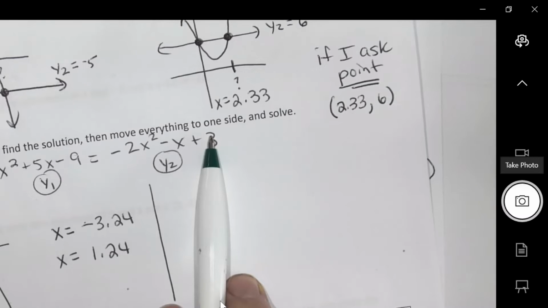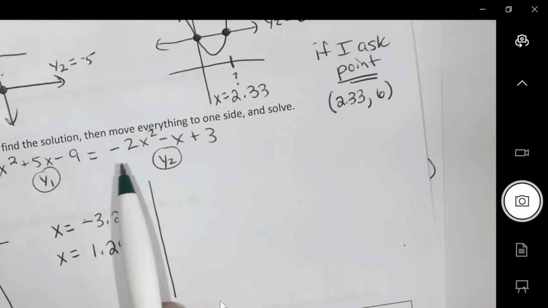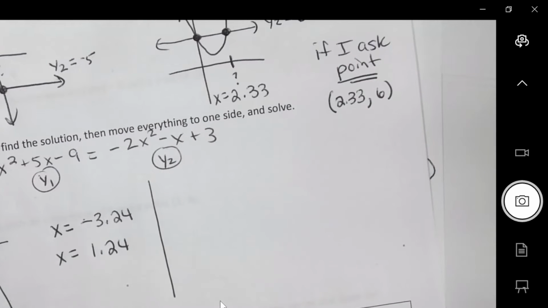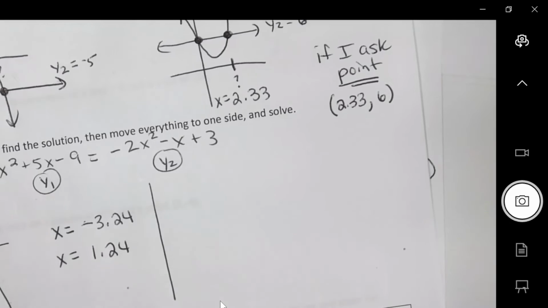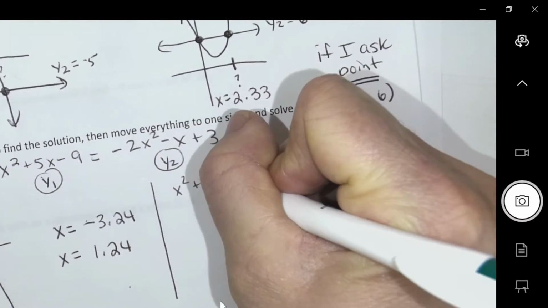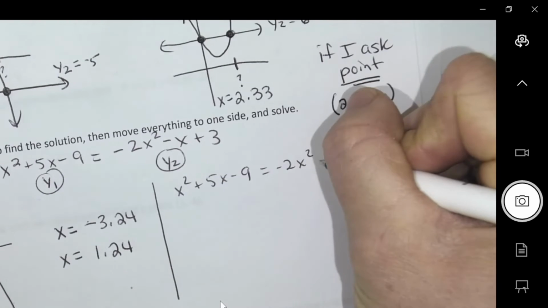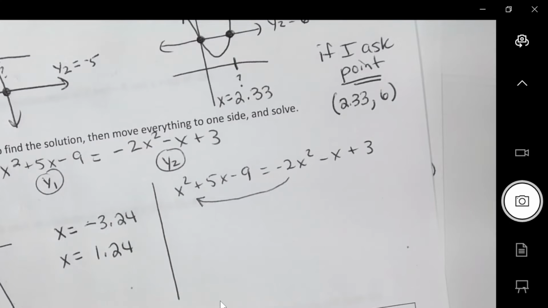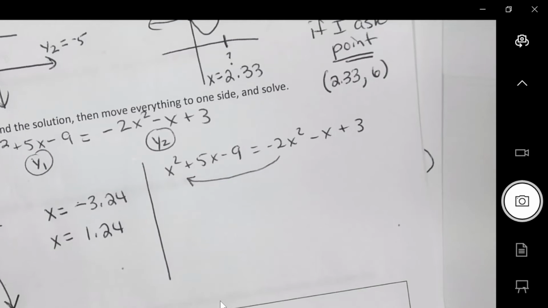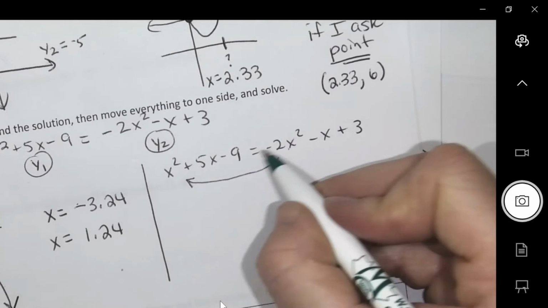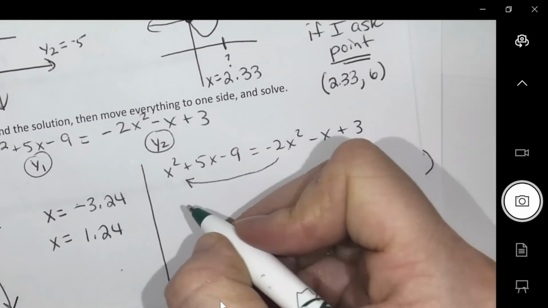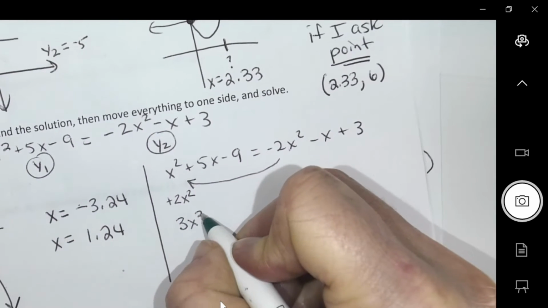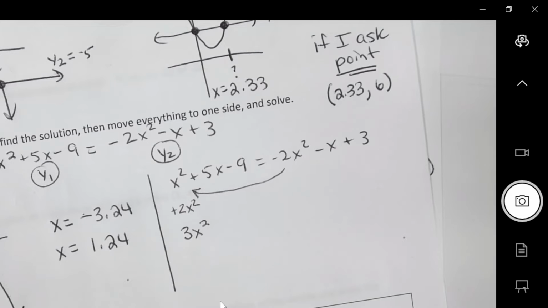Move everything to one side. Okay, which way do you want to go? Do you want to move everything over this way or this way? Doesn't matter. Okay, I'm going to go this way. When I move this or get rid of it over here, I would do a plus 2x squared, so that would create 3x squared.